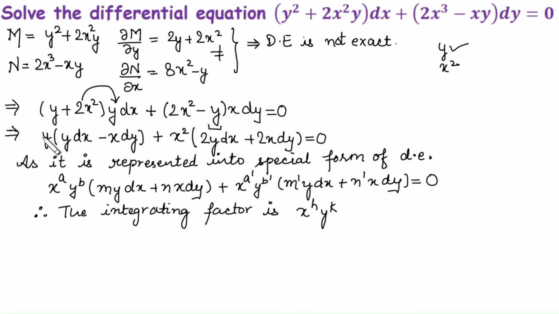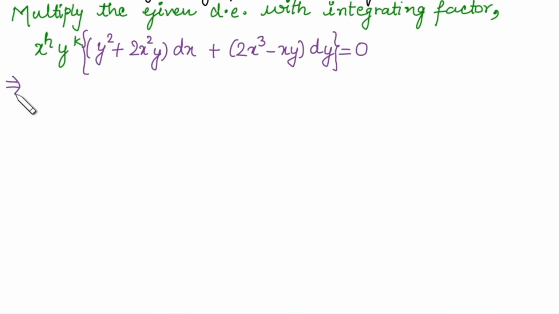So here the value of a is 0 and the value of b is 1, m is 1, n is minus 1, a dash is 2, b dash is 0, m dash is 2, n dash is also 2. So we assume its integrating factor is x raised to power h, y raised to power k.